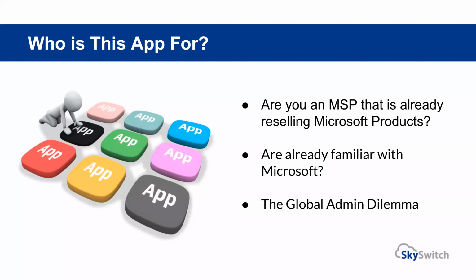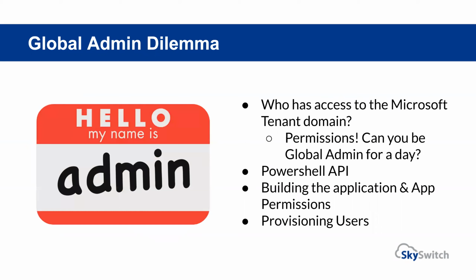One thing that is kind of different about Teams and Teammate is we need to have permissions to be able to write into the PowerShell with API, and we need to be able to make administrative changes in the Microsoft admin console. So you have to get the global admin involved. If you're the reseller, the MSP that is provisioning Microsoft, you can just add yourself as a global admin for a day, and that makes it very simple.